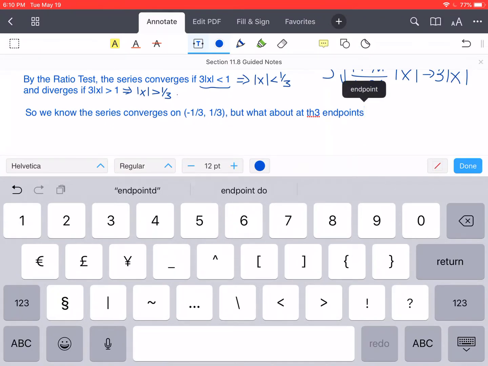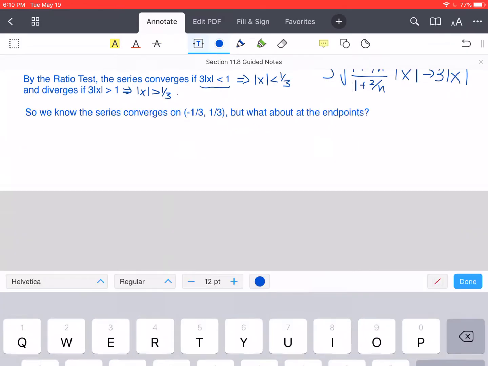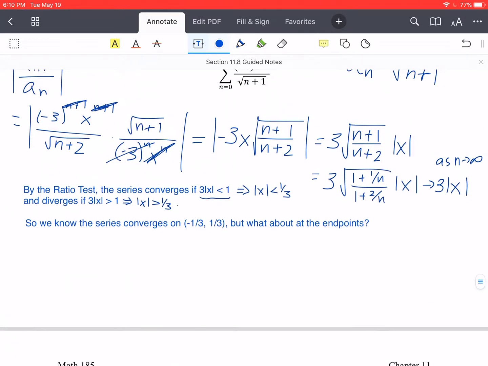So we need to take into account what happens at those endpoints, at negative 1/3 and at 1/3, to really determine the true convergence of this series. So let's go ahead and break these into cases here.